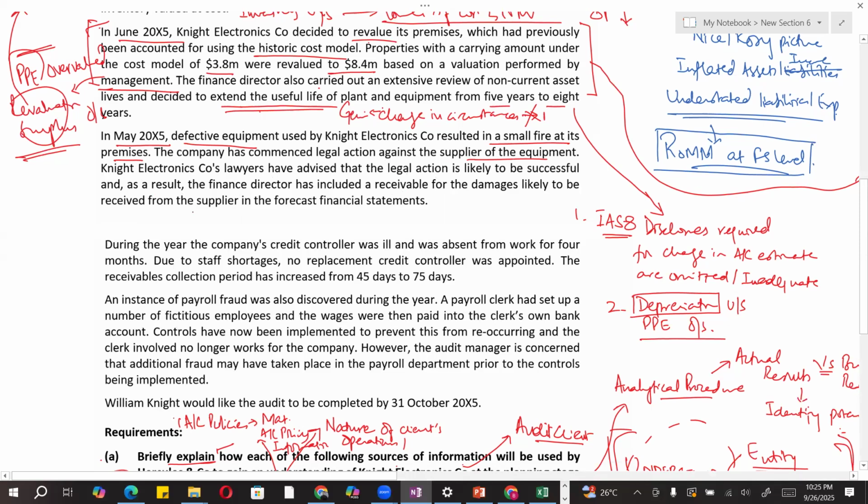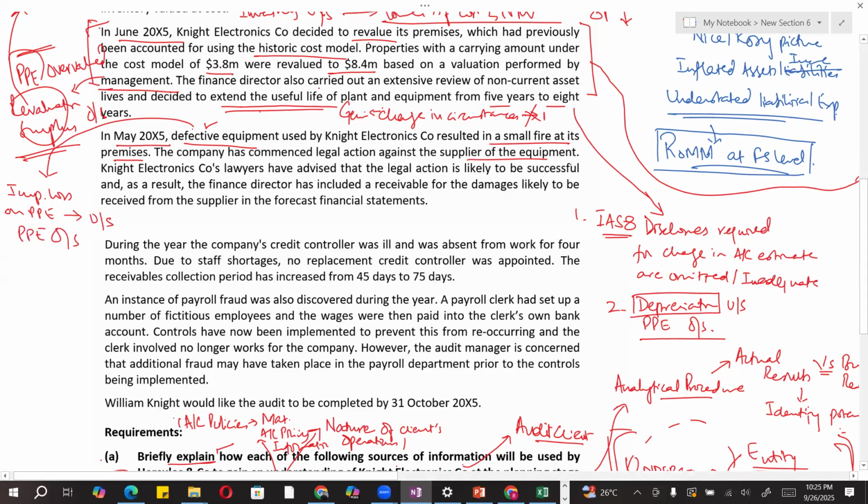Now, if the equipment is defective and it resulted in a small fire, this could have damaged, for example, other items of property, plant, and equipment. And so there is a risk that impairment loss on PPE may not have been recorded. If impairment loss on PPE is not recorded, there is a risk that impairment loss is understated and PPE is overstated.